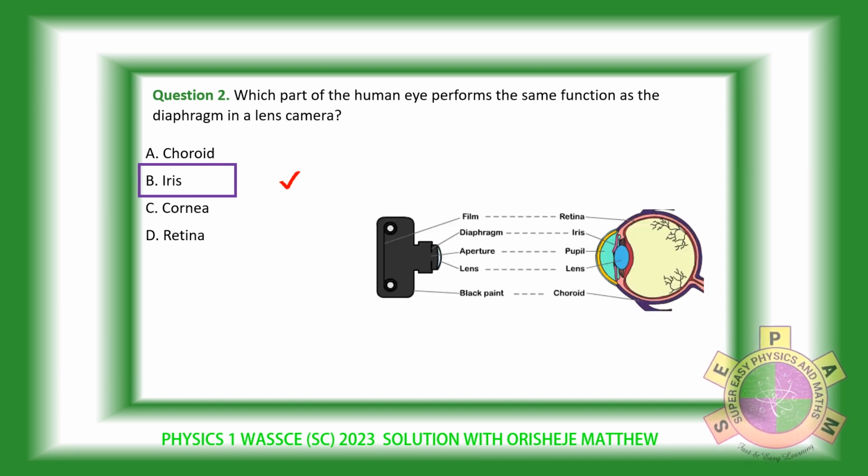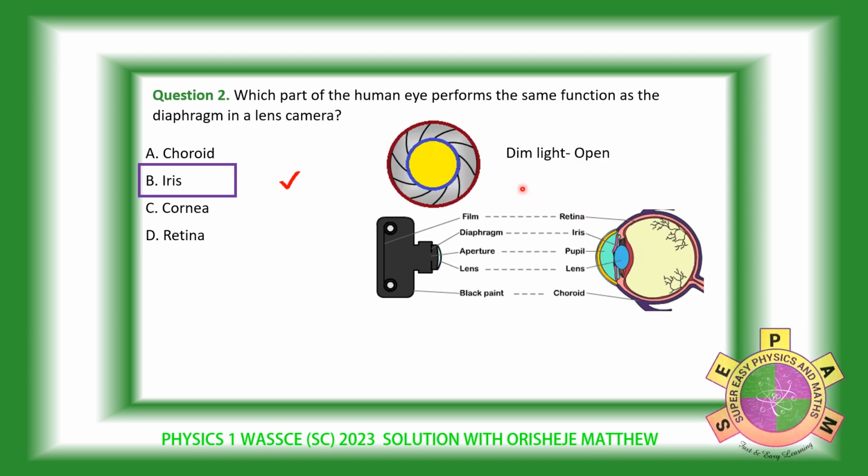So if you have a camera, in this particular camera, this is the aperture of the camera, which is the same thing as the pupil, and then the iris is the same thing as the diaphragm. This is the part that controls the amount of light entering into the eye through the lens.